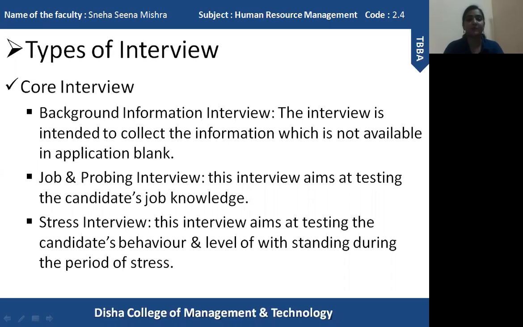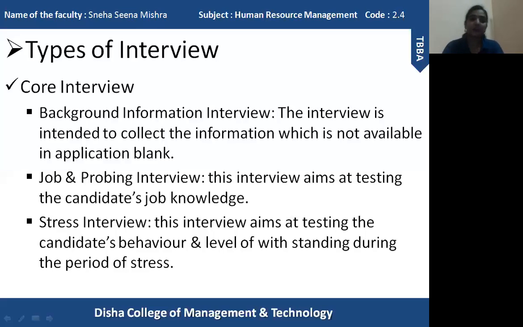So there is an interaction between the experts and the candidate regarding the knowledge level, the skills the person possesses, the qualities, and everything. So it is an in-depth discussion regarding the intelligence and knowledge of the candidate.